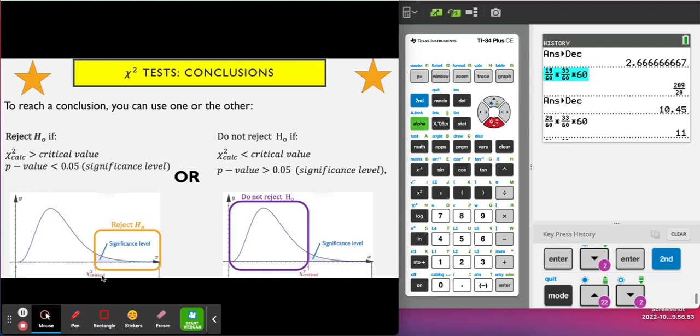If it's bigger than the critical value, which is given in the question, we're in the zone for rejecting the null. In the other case, if our chi-squared calculated value, what's given to us by the calculator, is smaller than this critical value, so we're in this region here, we're not rejecting the null, so that means we're accepting our null hypothesis. And that's the same thing as if our p-value is bigger than 0.05, we accept our null hypothesis. So we're going to be playing around with both of these conclusions for today.